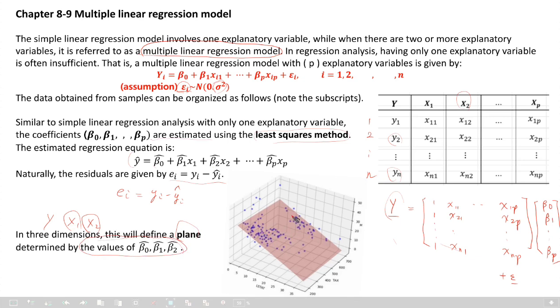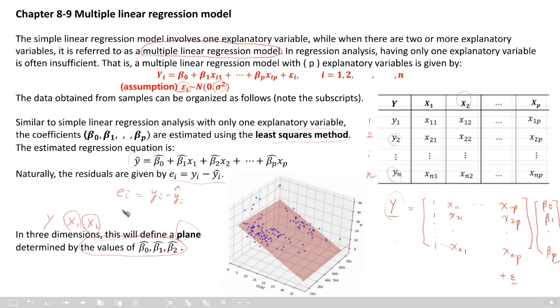The blue dot is the observed value position, and this plane is the estimated equation, and the residual is the distance from the observed point to the value on this plane. Get it?